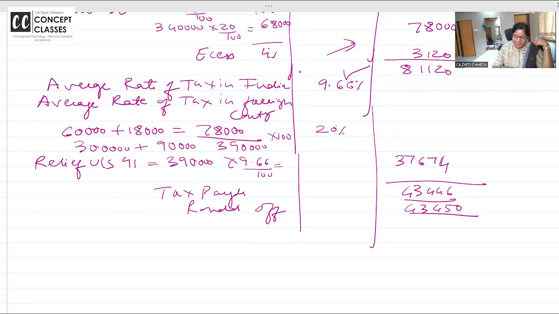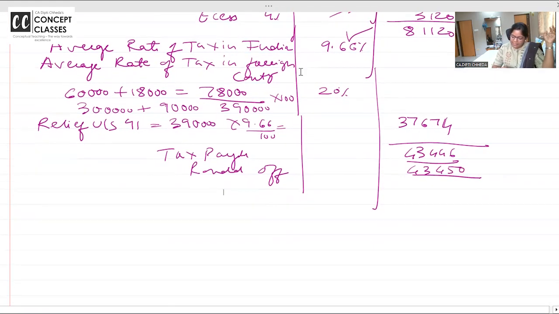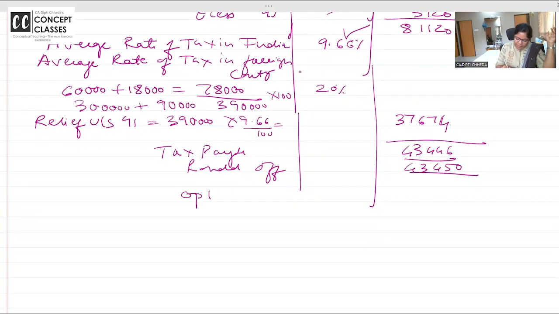So like this, you have to solve. Suppose relief is there, then how will you give the relief? Option 2: if they ask for bilateral relief, what will you do?